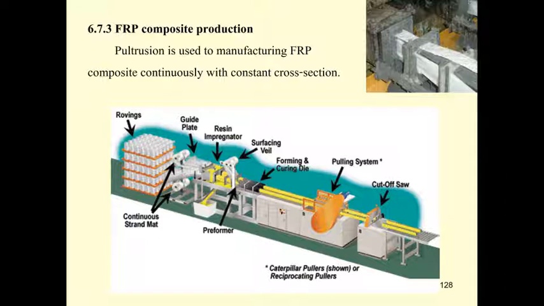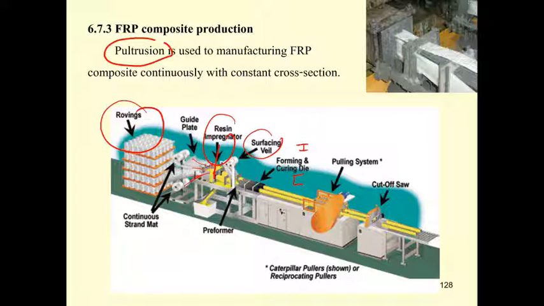The production of our FRP is called pultrusion. The pultrusion starts with the roving fiber, and then there are some constraints, and they put it into the guide, and then they put the matrix to make the fiber wet, and then they put the surface veil on the top, and then they form the section, maybe the I or the C here.